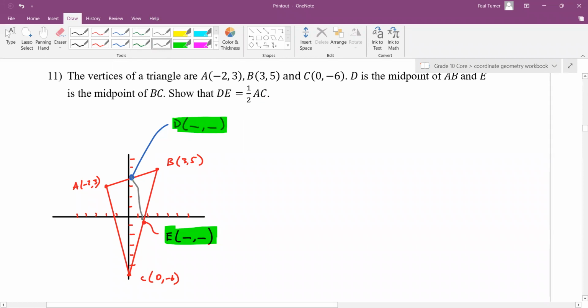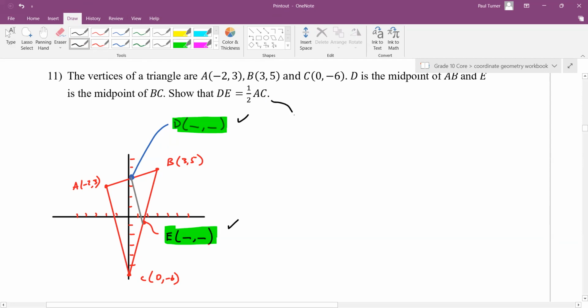So from here down, oh, I should have used a straight edge. So here, it's around there, I think. You've got a little bit of work to do on this one. So find D and E, and you can put those in the chat box.